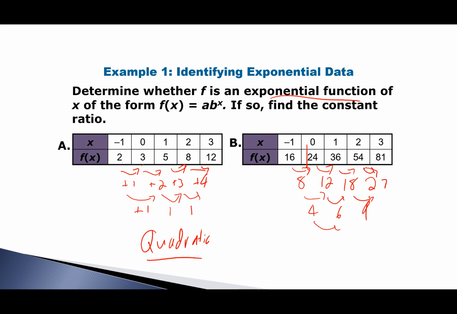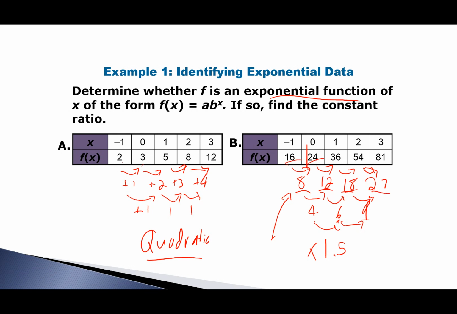From one term to the next, what's actually happening is you're increasing by 1.5. 4 times 1.5 makes 6. 6 times 1.5 makes 9. And that's true on these upper levels as well. 8 times 1.5 is 12. 12 times 1.5 is 18. 18 times 1.5 is 27.